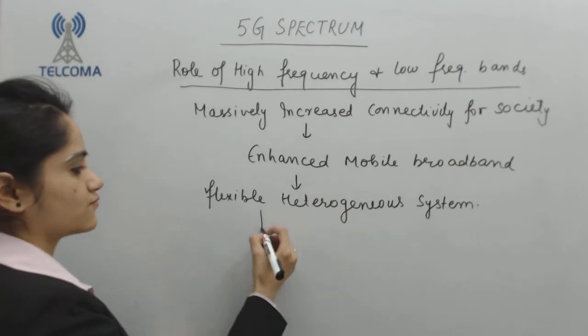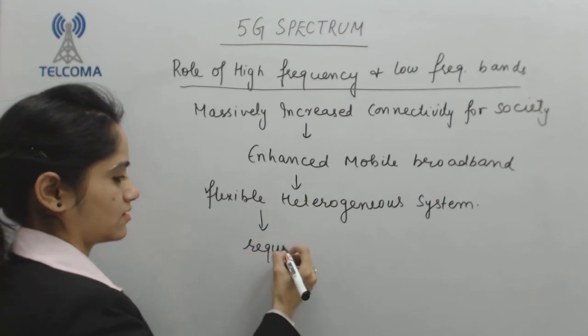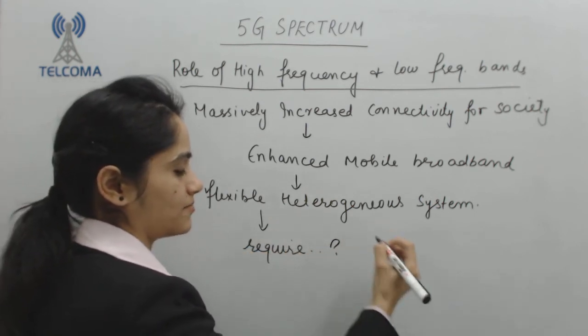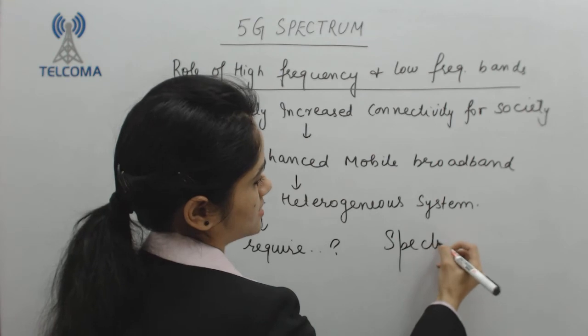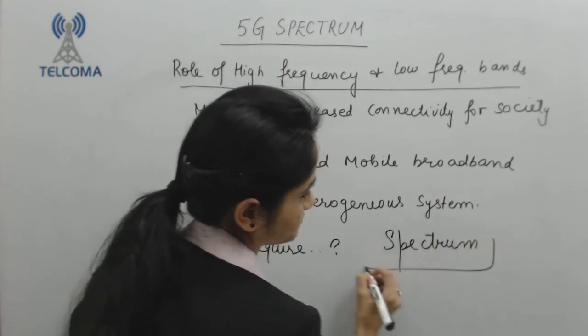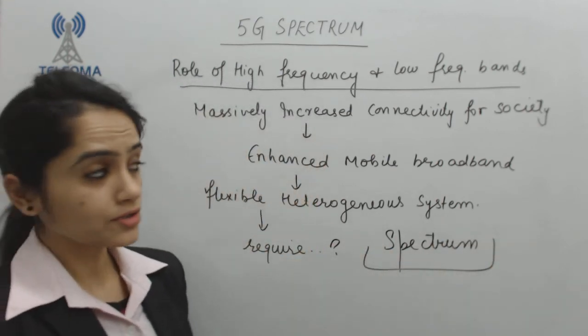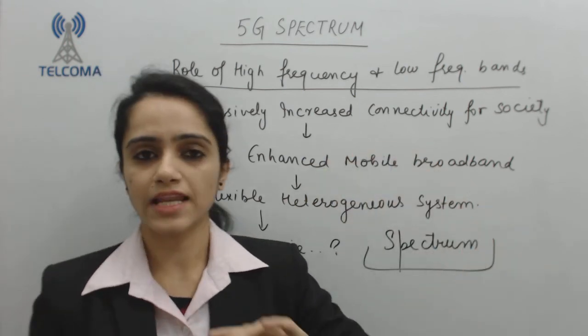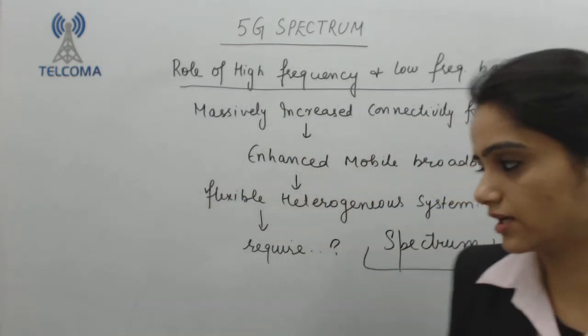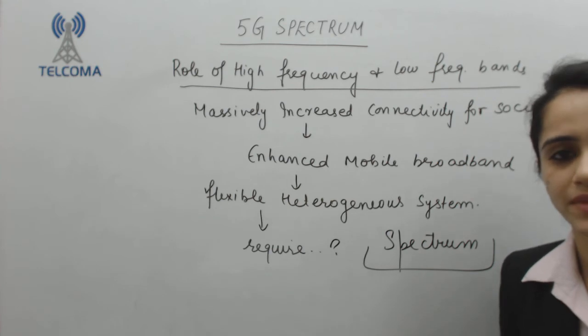So in all cases, what is our requirement? Our requirement is ultimately spectrum. So in order to provide connectivity as well as increase data rate, what we require is spectrum.